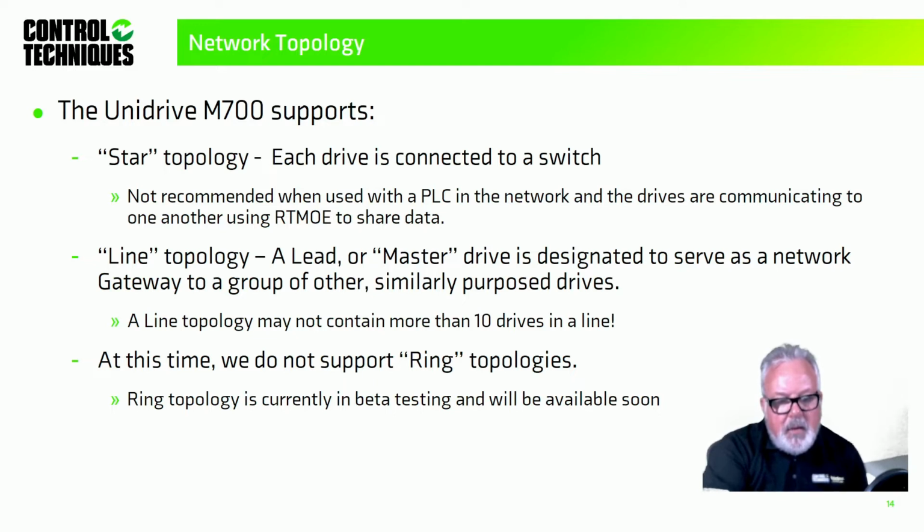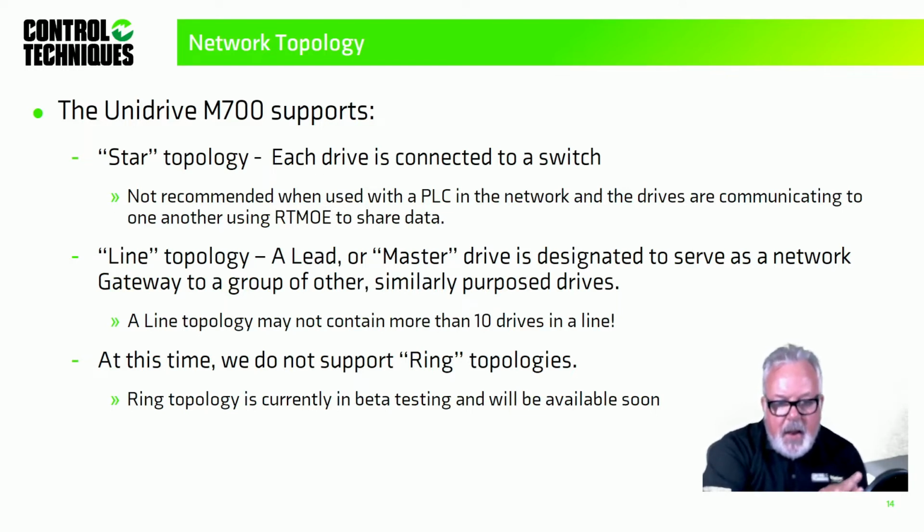Now the trade-off, or the thing you need to watch for, is that you cannot have any more than 10 drives or SI Ethernet modules in a line. So the line is limited to 10 drives whose switches are connected to one another.